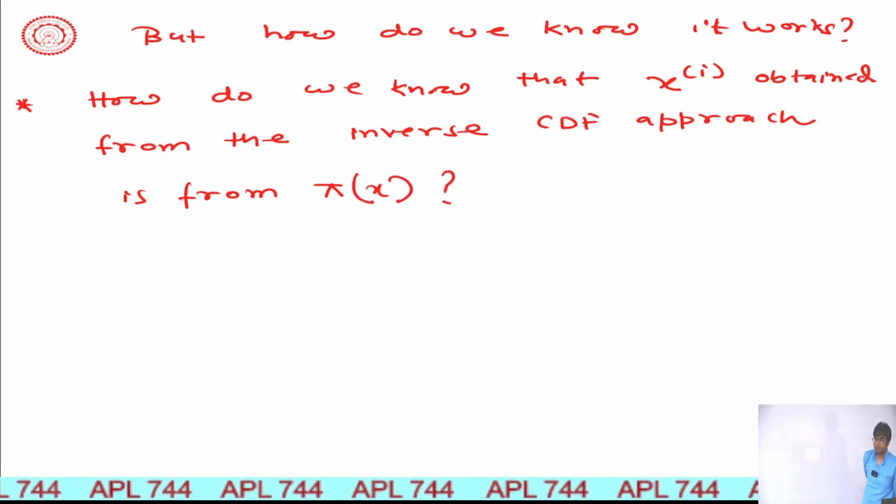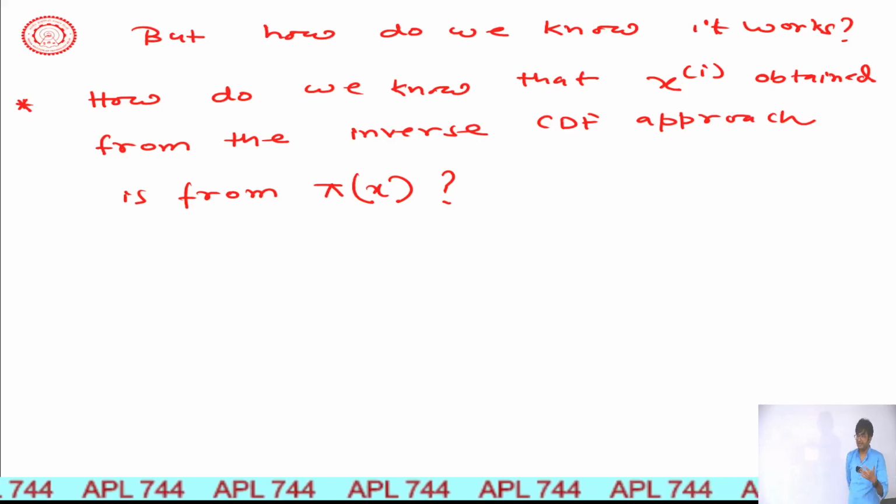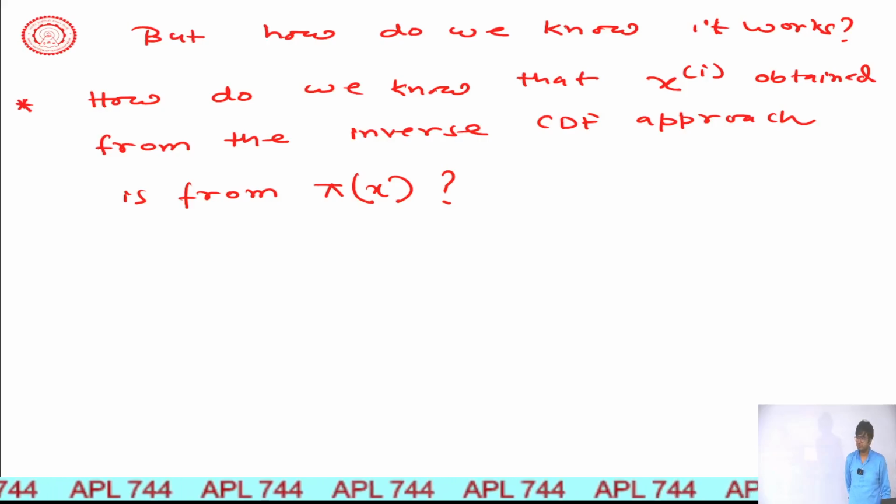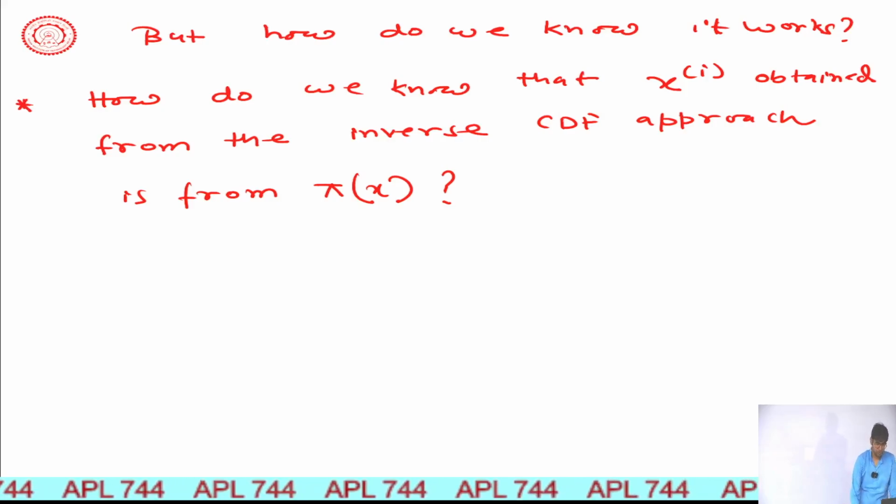This is what we have to prove, right? And this xi should be for any i, right? This is what we have to prove. So let us see.